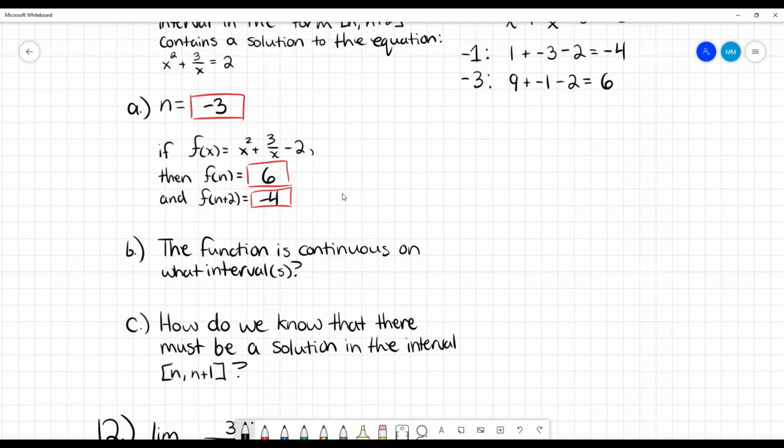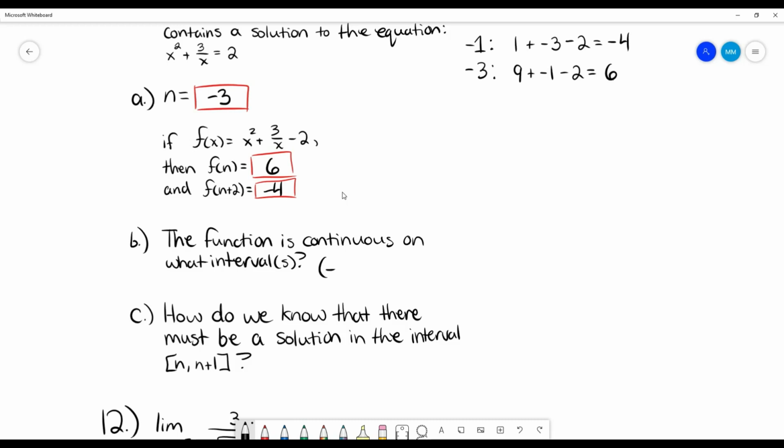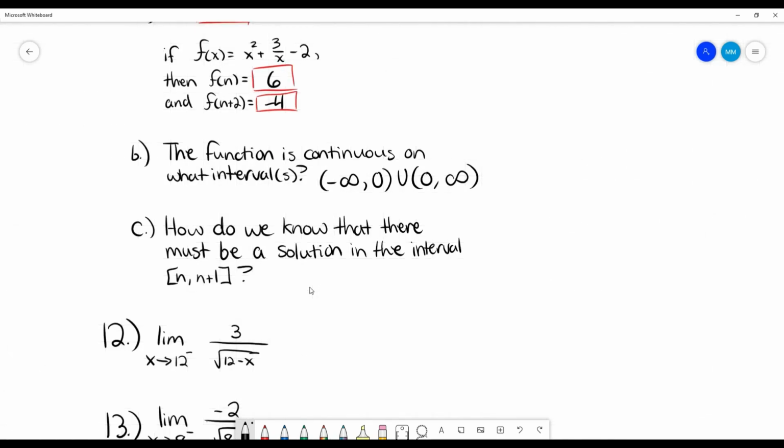So the function is continuous from -infinity up to 0, not including 0 obviously, and 0 up to infinity, which means that since this function is continuous on the interval provided, because it doesn't include 0, we know that there must be a solution by the intermediate value theorem.